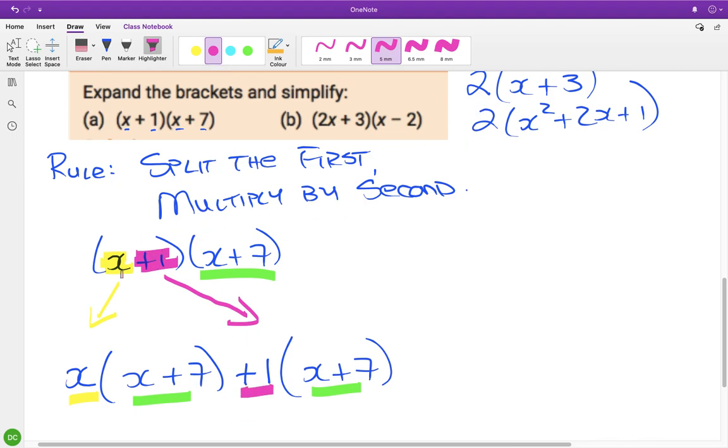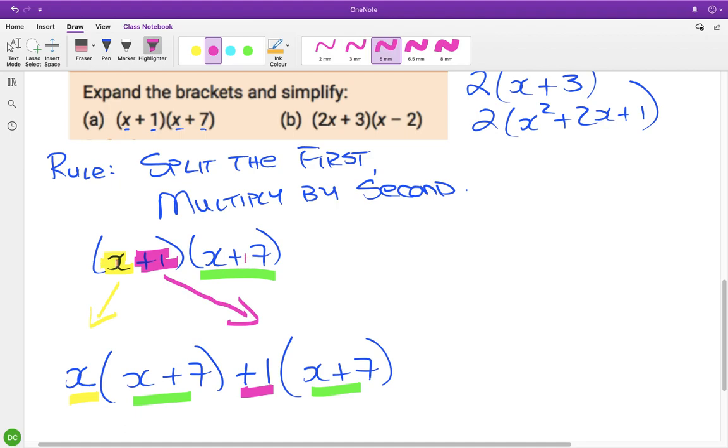So we take the first bracket and we split it up, put the x here and the 1 here, and then we put the second bracket after the x, and then we put it in again, exactly the same, after the plus 1. Okay, and that's how you ensure that all the bits of the first bracket are multiplied by all the bits of the second bracket, because that's what we're trying to do.